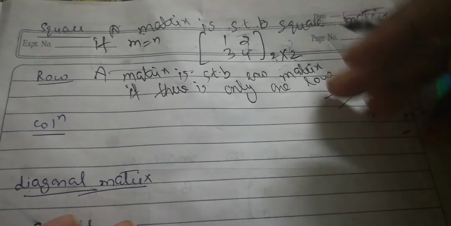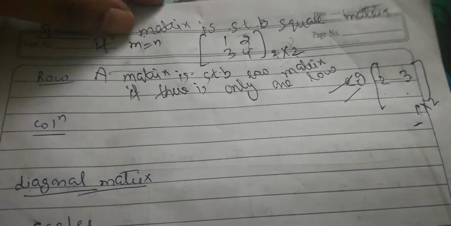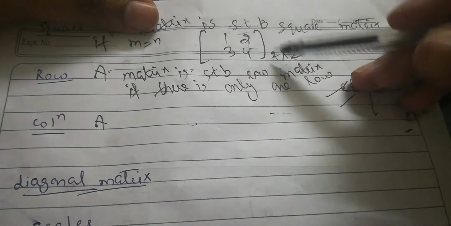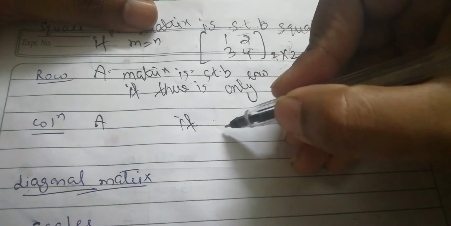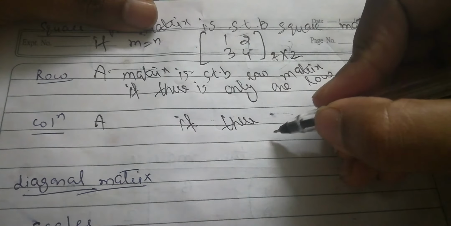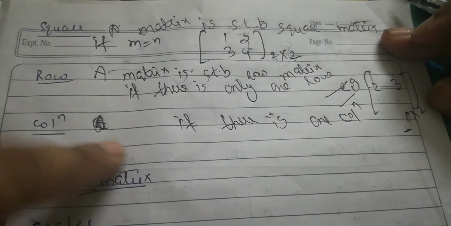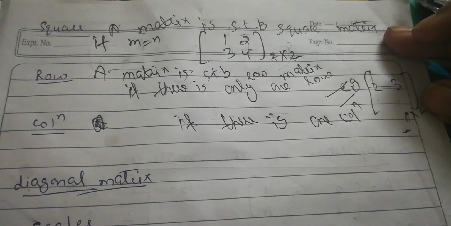Okay, similarly now you can write the column matrix. So what is the meaning of the column matrix? Now similarly you can write, a matrix is said to be a column matrix if there is only one column.